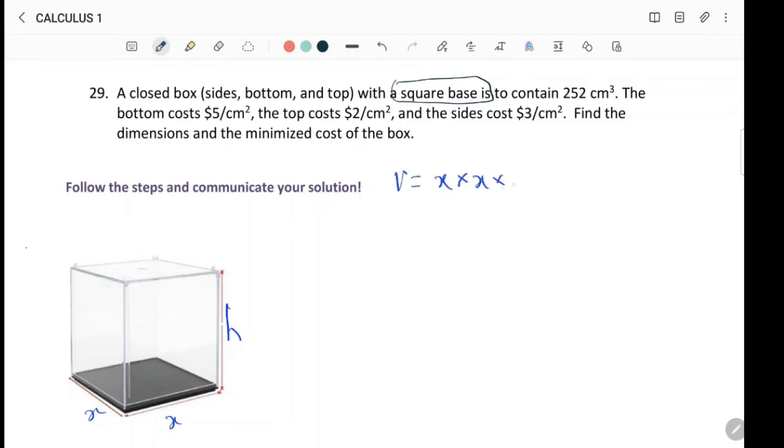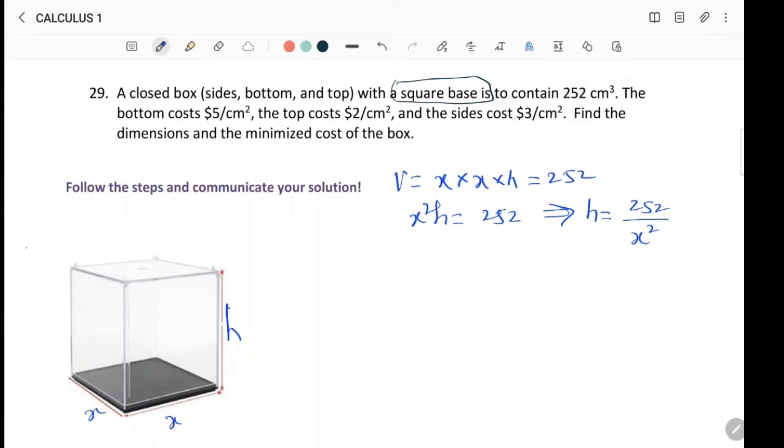Length times width times height, and this is 252. x square h is 252. h I can say is 252 over x square, right? This is our height. Now we got the height.